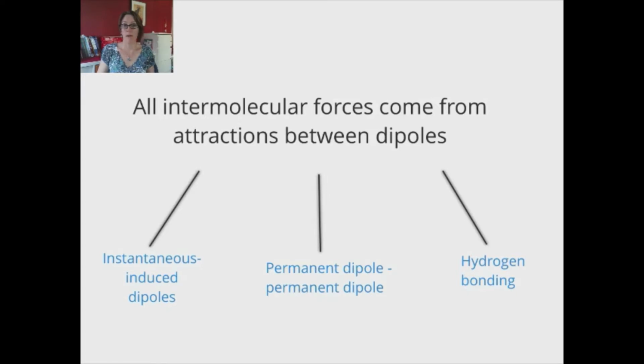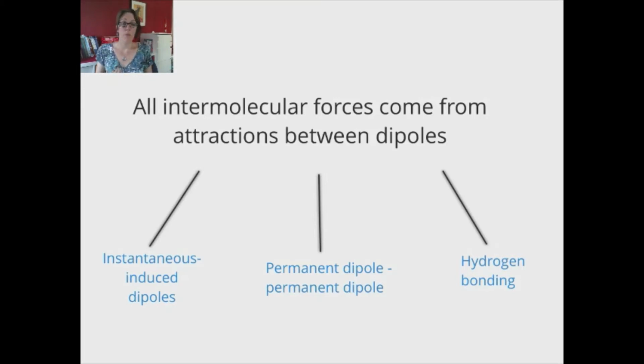So they always arise through attractions between dipoles across a molecule, where the charge across a molecule is not evenly distributed and you have a slightly more negative charge on one side of the molecule than you do on the other. So the only difference between these three different types is how strong that dipole is, whether it's permanent or not.